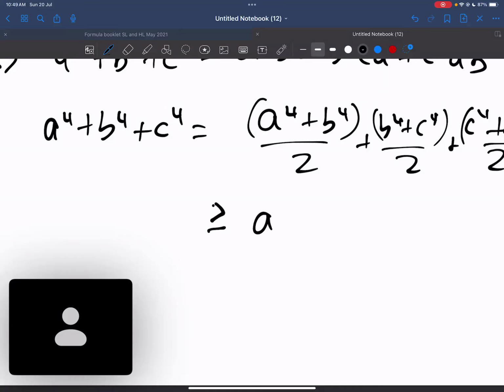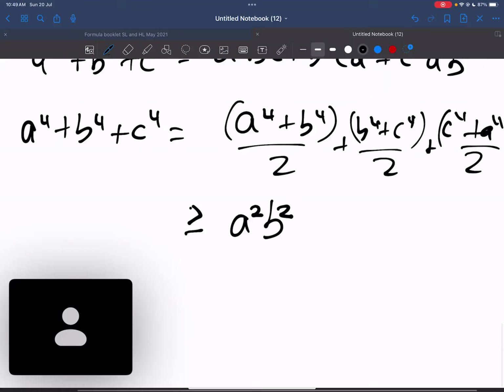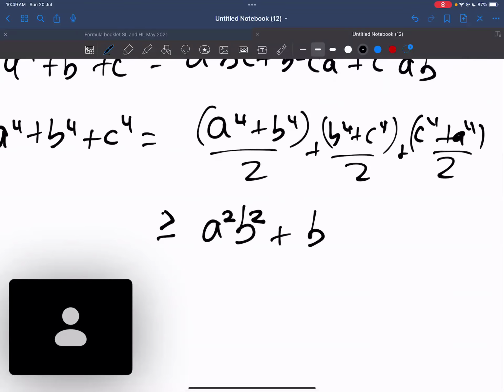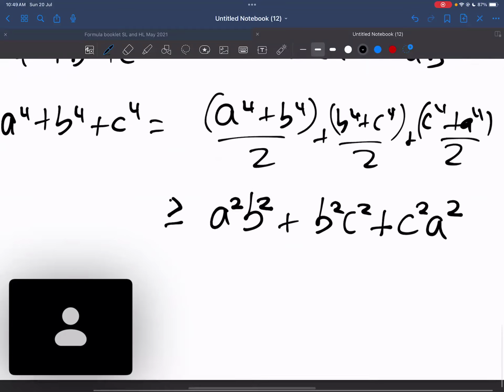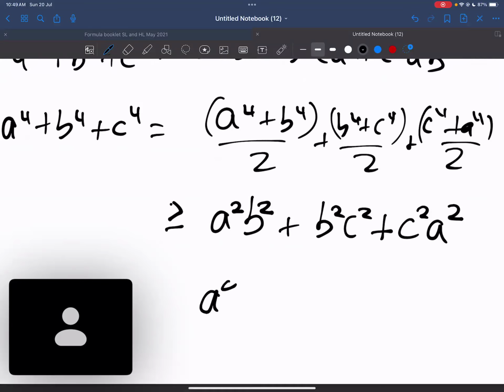Then we get a squared b squared plus b squared c squared plus c squared a squared, right? Because when you perform AMGM, you take the square root of this, and that would just give you a squared b squared. Okay, so we know that this thing is true.